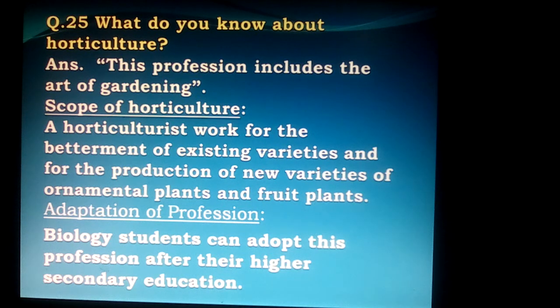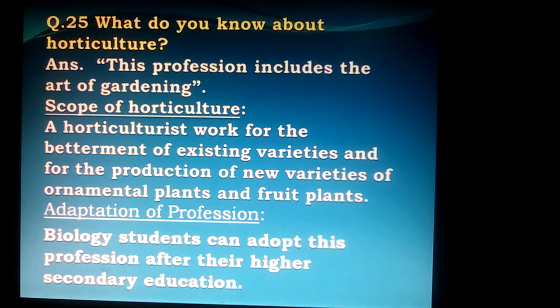The scope of horticulture: a horticulturist, the person who works in horticulture, works for the betterment of existing varieties and for the production of new varieties of ornamental plants and fruit plants. Ornamental plants are used for decoration, like colorful plants, smelly flowers and all these, plus those plants which give us fruit to eat.